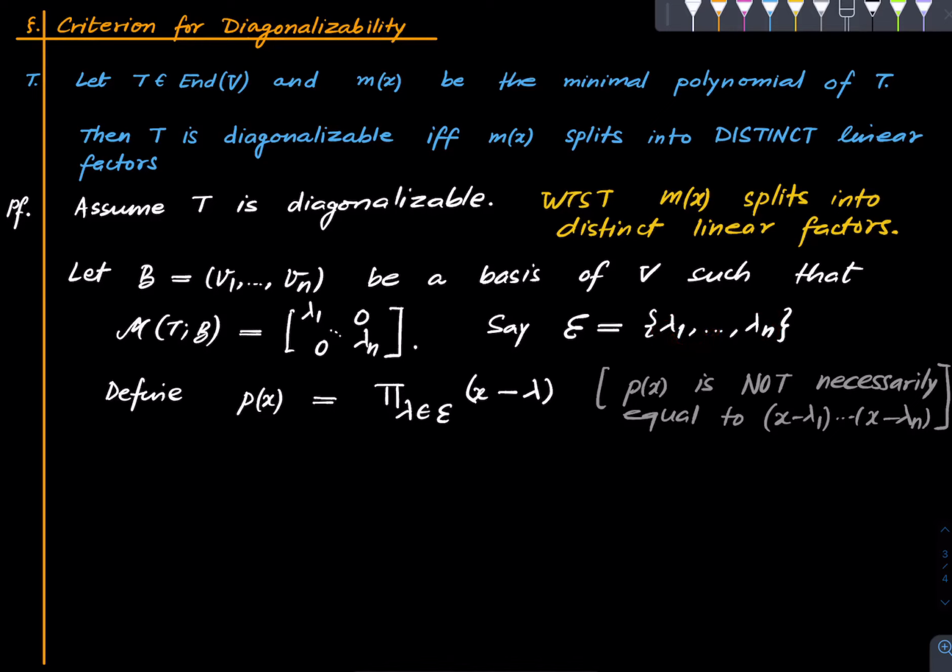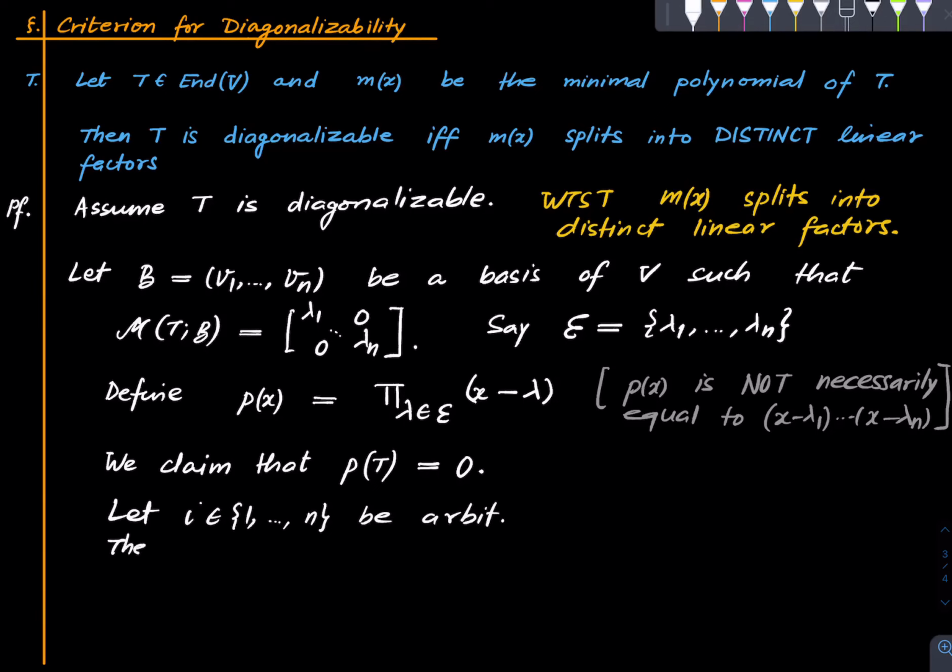Okay, and we claim that, it's a very, very simple claim, P(T) is 0. Right? So to see that, you just show that P(T)(v_i) is 0 for each i. So let v_i be arbitrary.